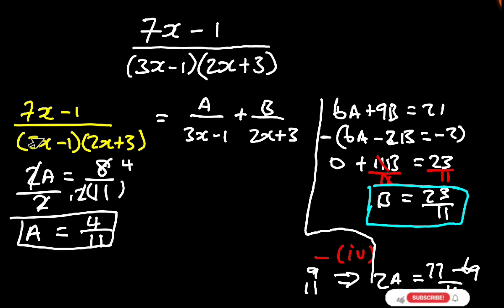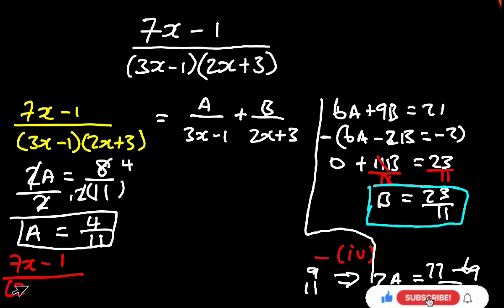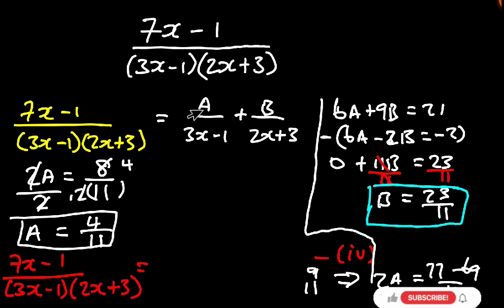So the final answer to this question, we're going to have that 7x minus 1 over 3x minus 1 multiplied by 2x plus 3 is equal to, now we're going to replace a with this value here, which is 4 over 11.